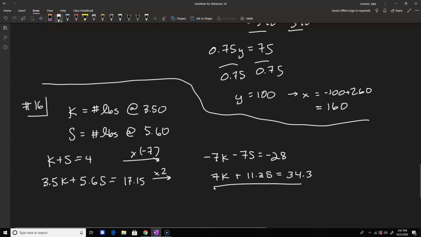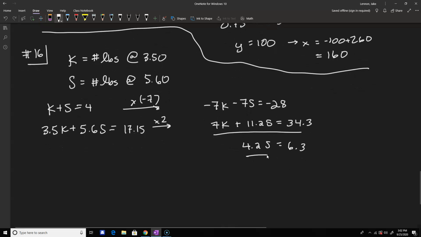So when we add them together, we get 4.2S is equal to 6.3, and then we want to divide both sides by 4.2. So let's go ahead and put that into the calculator. Usually these come out nice, so I'm wondering if I made an arithmetic mistake somewhere.